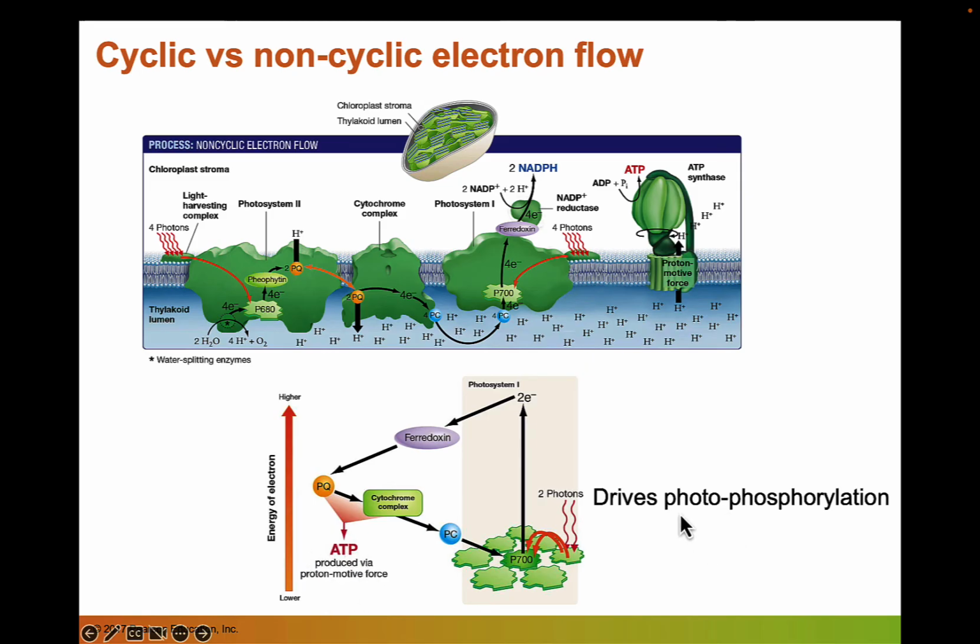And so this drives some of the photophosphorylation, but not as much of the NADPH production. So these are just slightly different, and we need this top one, the non-cyclical flow of electrons, to make sugar in the Calvin cycle.